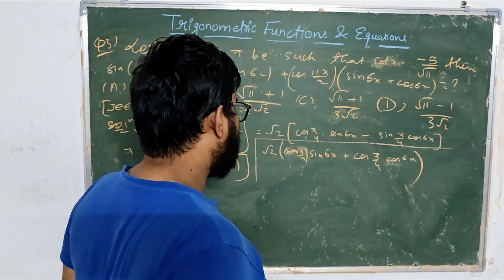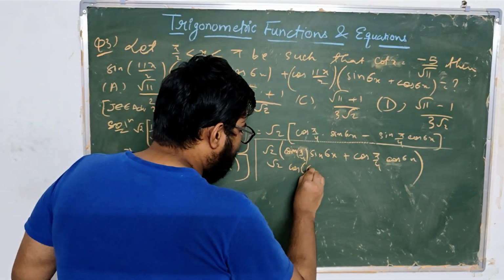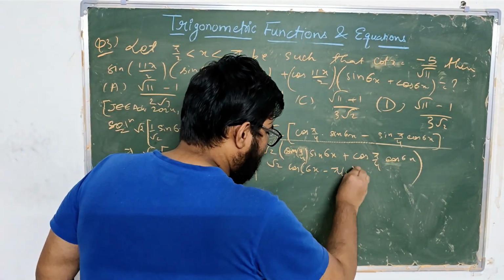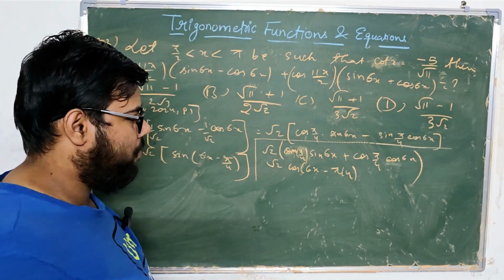For this one, and this will be equal to root 2 times cos of 6x minus pi by 4 again, right? Just check it once, just open it and you will get the same answer, right?